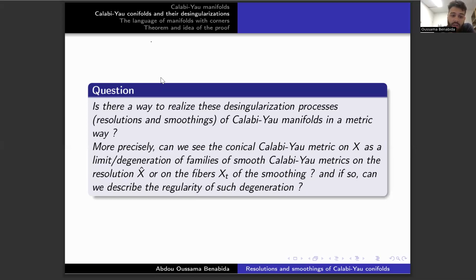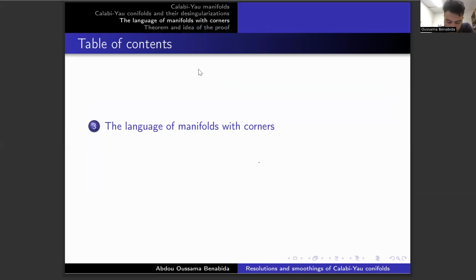And studying such invariants would need us to do analysis throughout these processes. So this is one of the motivating things for this question. So I will stop here for the first part before we go to the second part.